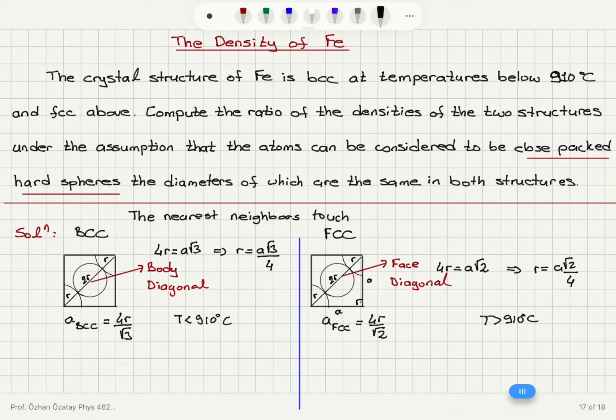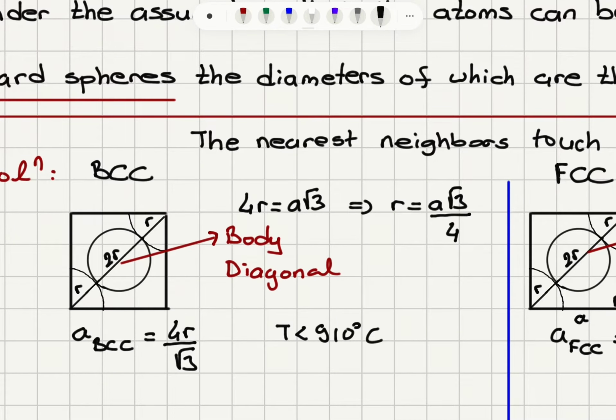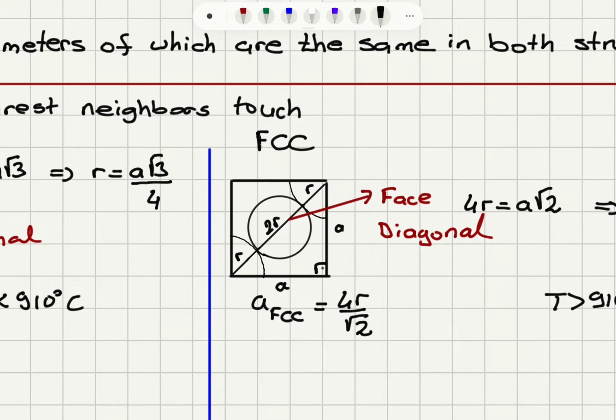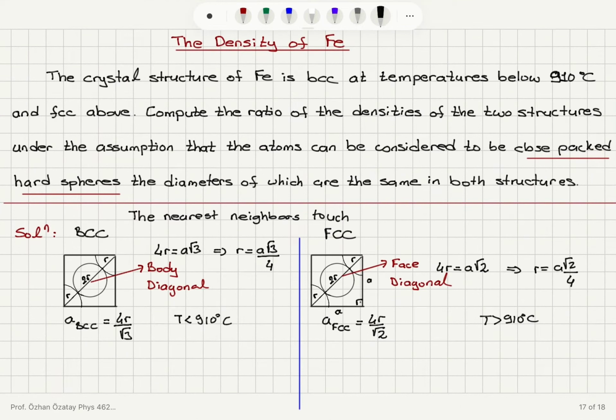So in the case of the body-centered cubic structure, I had this to be 4r over √3. Now for the face-centered cubic structure, it's 4r divided by √2. Now the next thing I have to determine is the number of atoms per cell. For the body-centered cubic structure, the number of atoms per cell is going to be 8 atoms at the corners, 1/8 of each inside the unit cell, plus 1 at the body center, so the total will be 2.